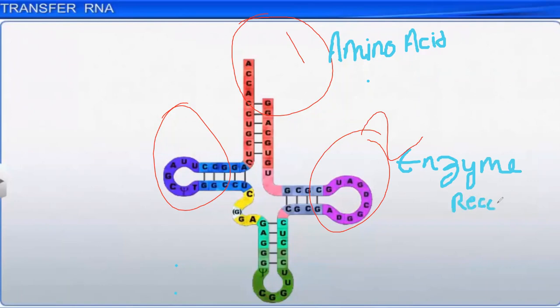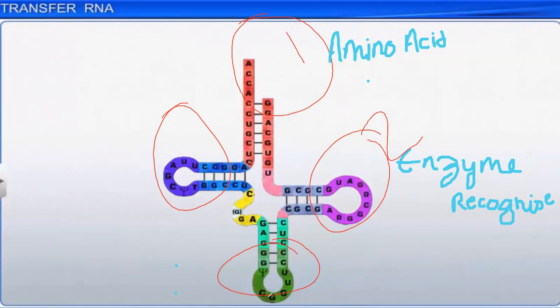Before it actually comes, this is the fourth one, the site which recognizes the codes on the mRNA. This code is written in the green color. This is the site which will recognize the mRNA. If it is written C, definitely you know C G C, right?